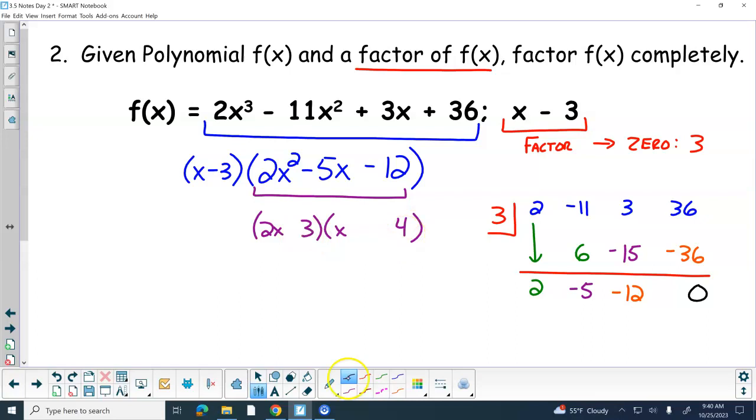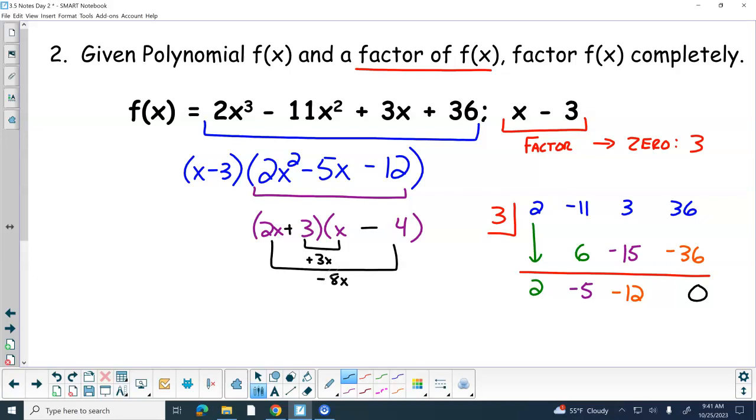If that's the case, then this gets me 3x. This gets me 8x. Together, those have to be negative 5x. So which one's going to be positive? The 3. If that's positive, then this is positive. This would be negative, that would be negative, and I get my negative 5x.